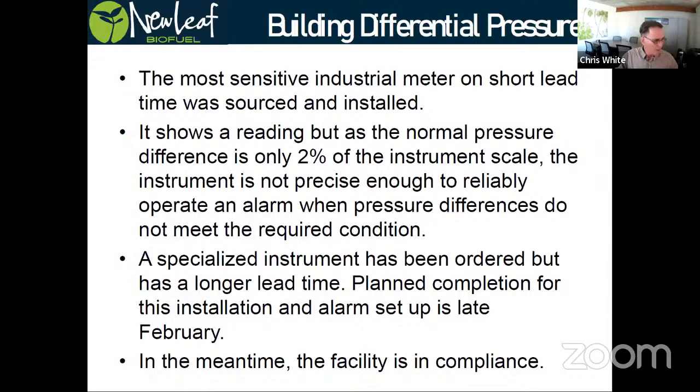But we will be in compliance in the meantime, and with this next meter, we'll definitely have the range that we need. It is a digital instrument, so it doesn't require any mechanical relays to switch an alarm on or off, and it can continuously record data. So I think it will be what's needed.